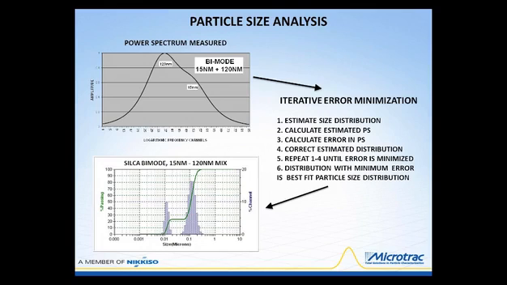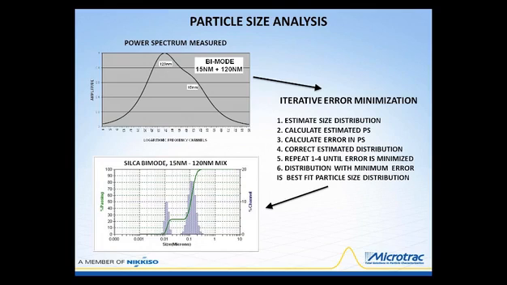And since the estimated distribution is very different from the final, there'll be a large error in the difference between what we calculate and what we measure. That difference is then used to correct the estimated distribution a small amount, and the step is then iterated until the error between what we calculate for a power spectrum and what we measure is brought to a minimum.